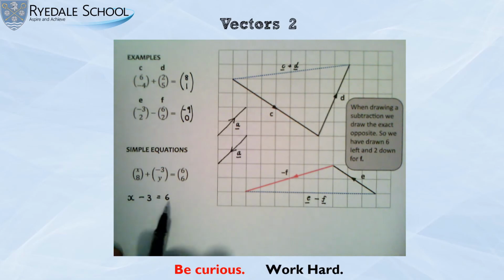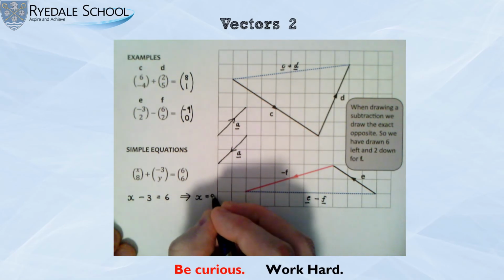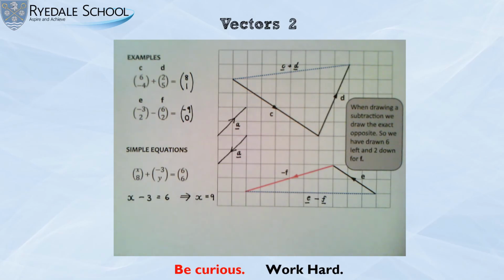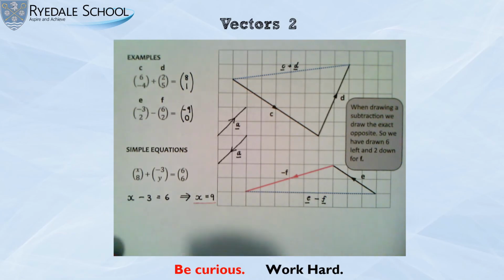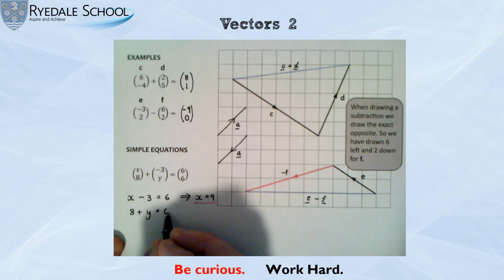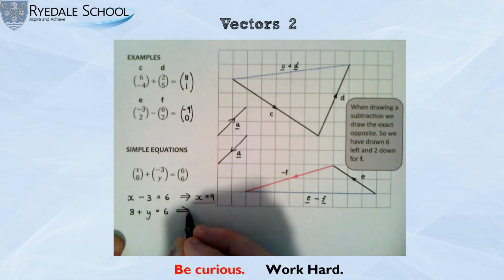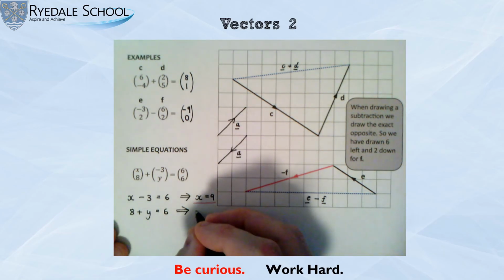And I have got a super easy linear equation to solve. What is x if x take away 3 is 6? Well, x has to equal 9. Similarly, if I look at the y components, I have got 8 plus y equals 6. And the only value of y that makes that work is negative 2. So y is negative 2.